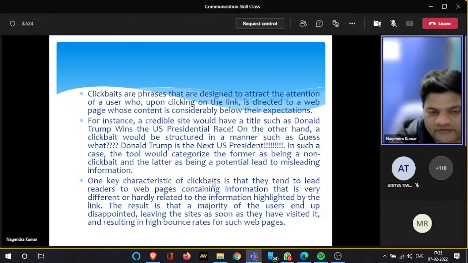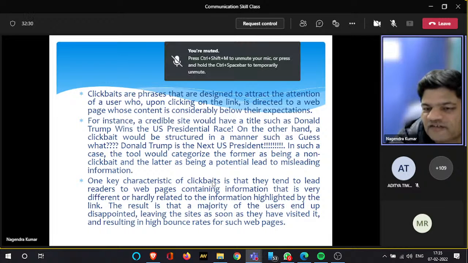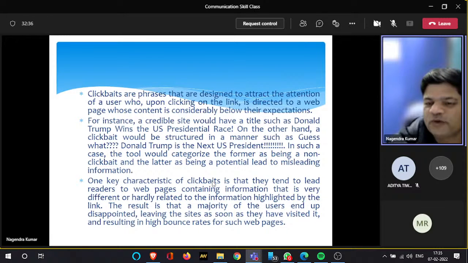A couple of question marks. Donald Trump is the next US president with a lot of exclamation marks. So this is one of the ways you can find out whether it is fake news or real news. The use of so many punctuations.